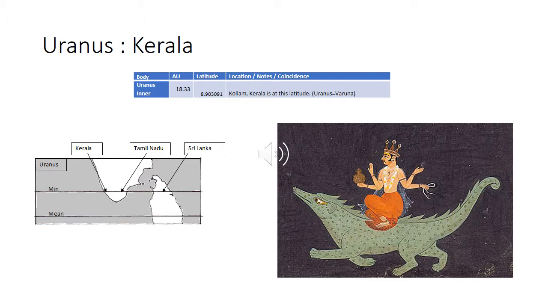And so we have, in this sense, the southern tip of India was raised from the sea by Varuna. And the reason I'm mentioning that, of course, as you can see in the diagram, the middle, the inner orbit distance corresponds to Kerala in southern India.